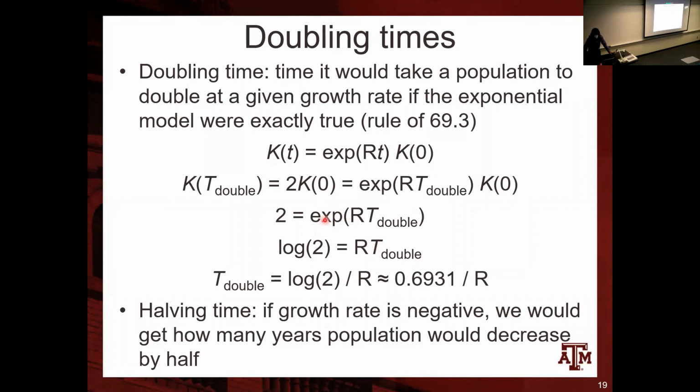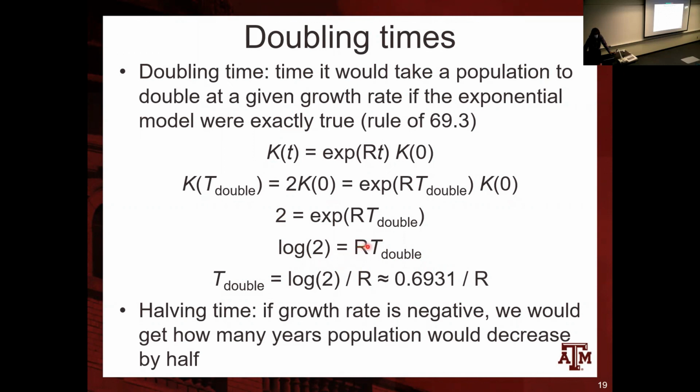Why do I want to get out of the exponential here? Because what I'm interested in is T. I want T by itself on one side of the equation. Since I took the log of the right side, I take the log on the left side. Log of 2 is right here. What I'm interested in is the time that it would take for the population to double in size, so I will leave this by itself on one side of the equation.